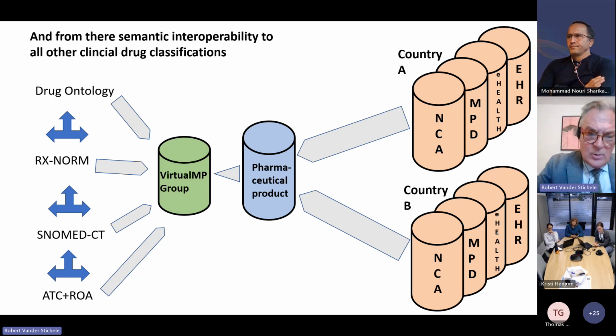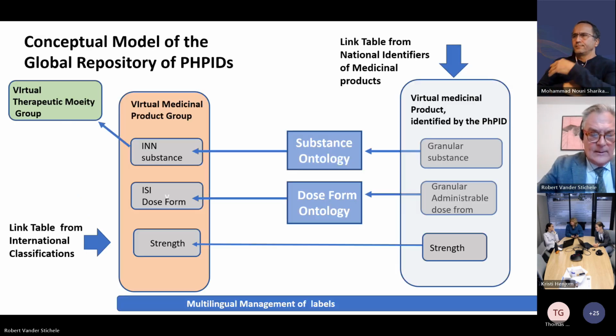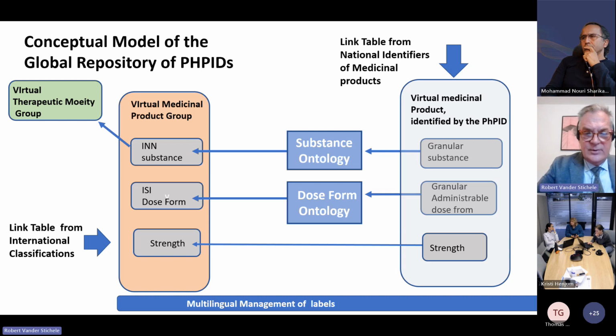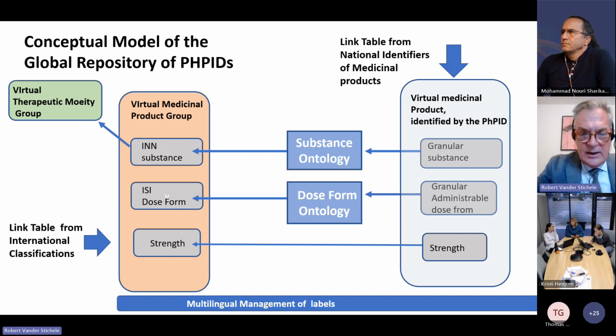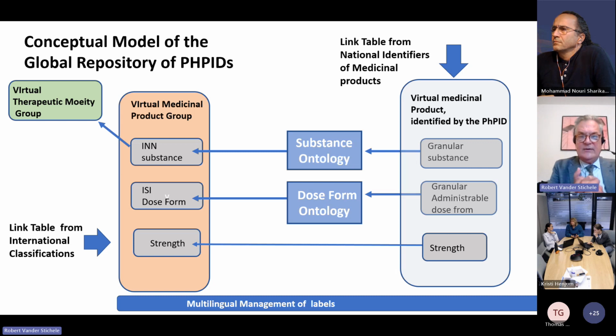All these databases can now be linked through the pharmaceutical product global identifier, aggregated to an INN prescription, and then linked to the ATC code, but also to other classifications, Eric's norm, anatomical, or SNOMED. And in order to make those steps, if we are at the right hand, we have the virtual medicinal product identified by the PhPID, which contains the granular substance, the granular administered dose form, and the strength.